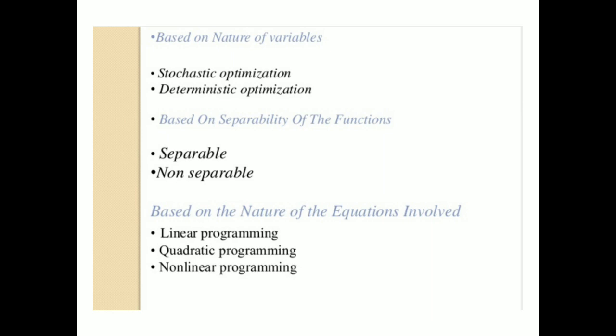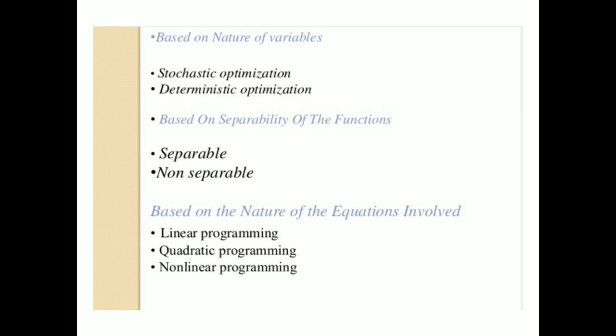Starting with the first point, the nonlinear programming problem: if any of the functions among the objective and constraint functions is nonlinear, the problem is called a nonlinear programming problem. This is the most general programming problem, and all other problems can be considered as special cases of the nonlinear programming problem. Next is the quadratic programming problem.